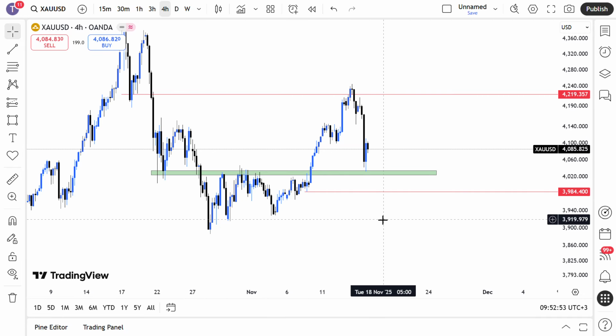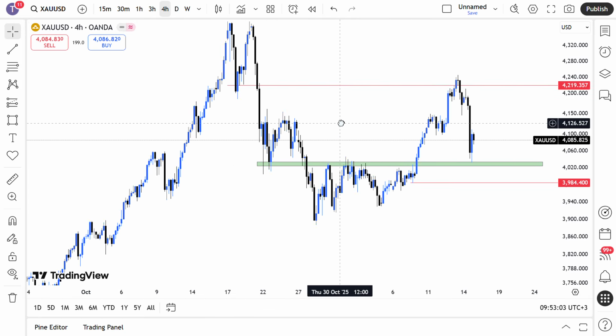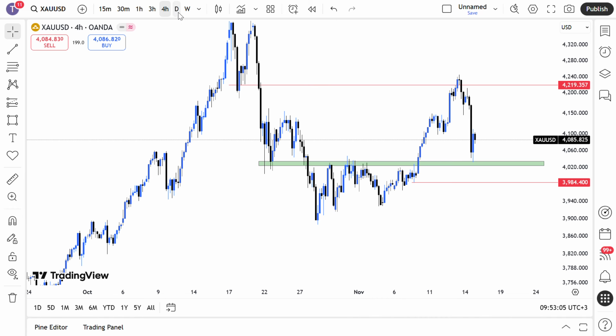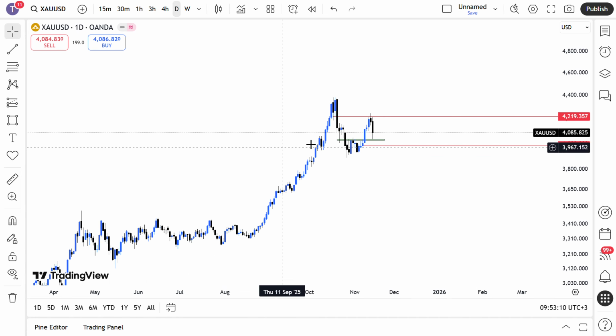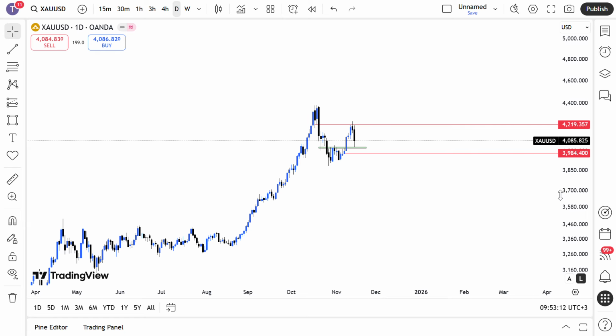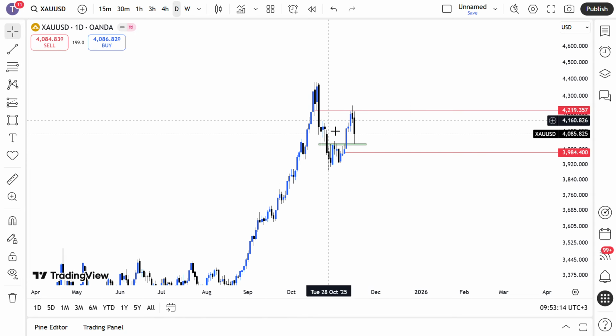So it simply means that we just need to wait for a confirmation or a very good momentum to support our momentum to the upside. Because I think gold is still bullish from, let's say, maybe the daily or the weekly, we are still bullish to the upside. So we will just wait to see what the price will be doing.